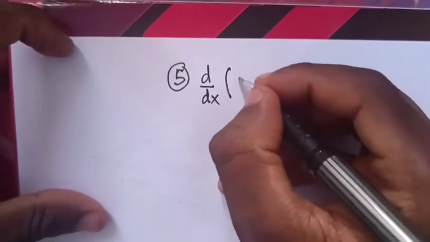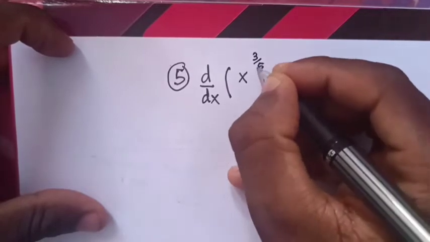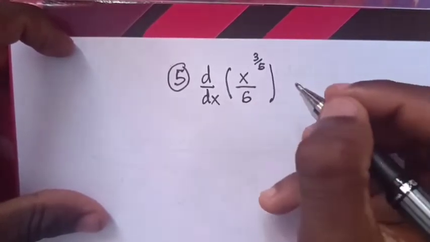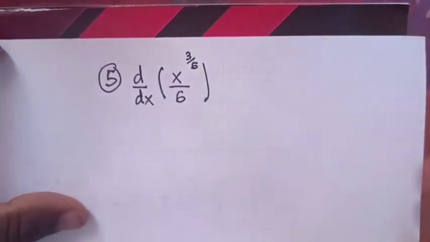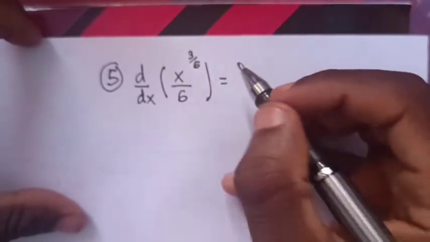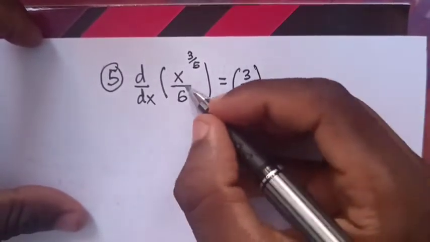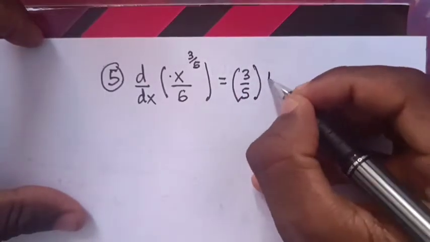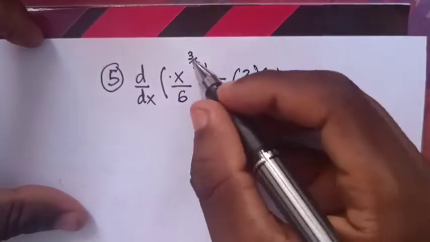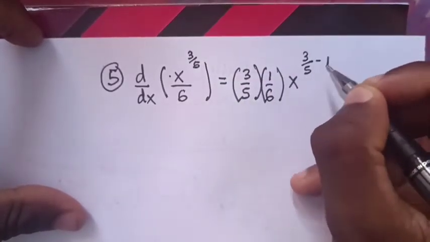Example 5: the derivative of x to the power of 3 over 5, divided by 6, with respect to x. Here our exponent is 3 over 5 times our coefficient 1 over 6 times x to the power of 3 over 5 minus 1.